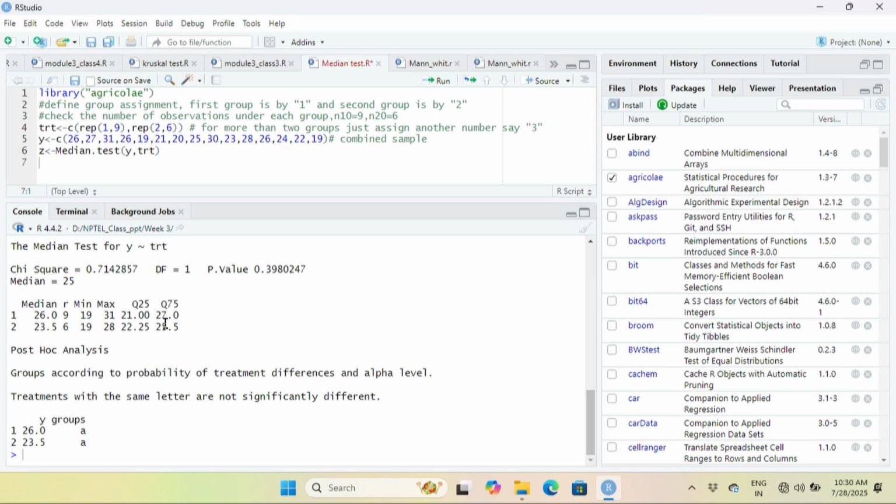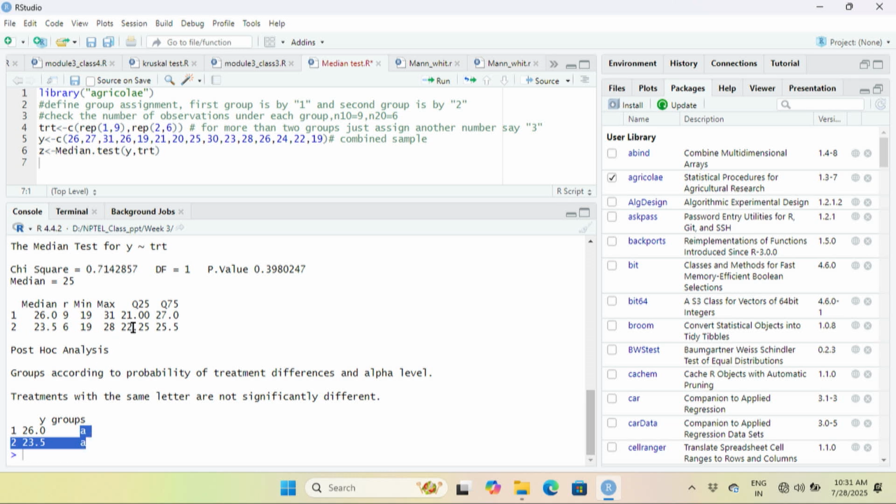When you do the same with 3 groups, post hoc analysis will give you 3 parts: the 1-2 group, then the 1-3 group, then the 2-3 group. Just by looking at whether it is AA, AB or BC, you can understand which medians are not equal. We always make pairwise comparisons, right?